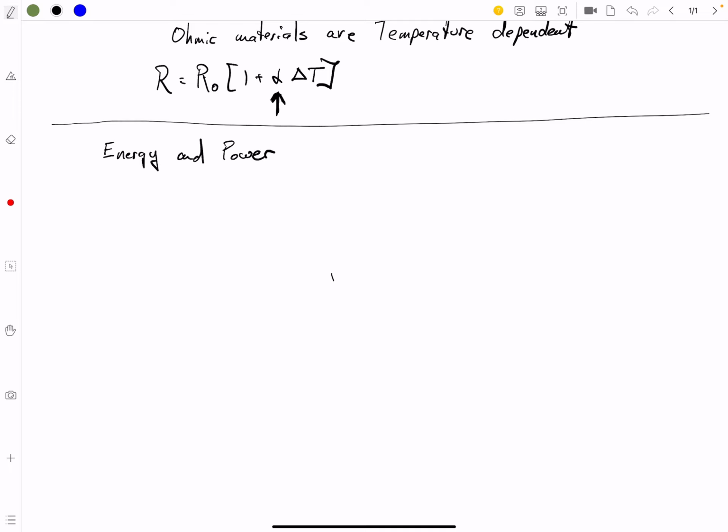So you're running current through a resistor. I want to use our new resistor. Here's our resistor. I don't have to draw the whole thing. We've got current running through our resistor.